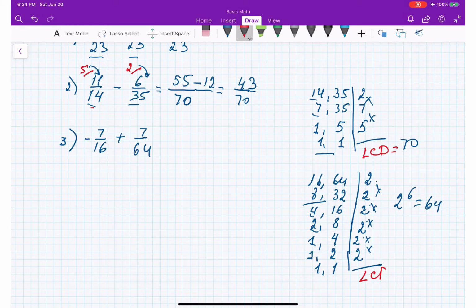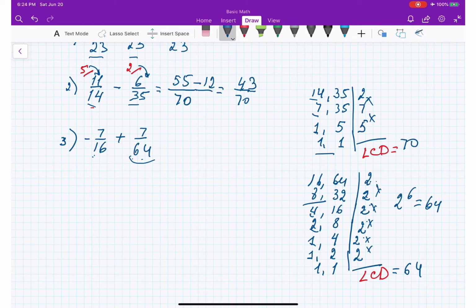That's what I wanted to say, but then I decided to go over it and show it first, and then talk about it. Always, when you have two different denominators, you take the highest denominator and see if it's divisible by the other one. So 64 divided by 16 gives you 4.